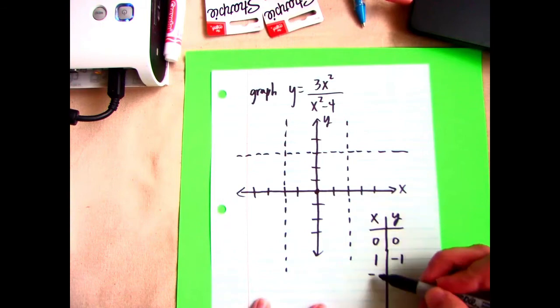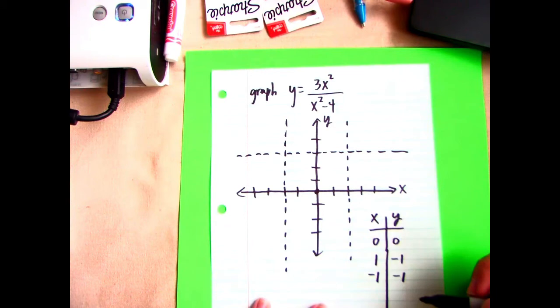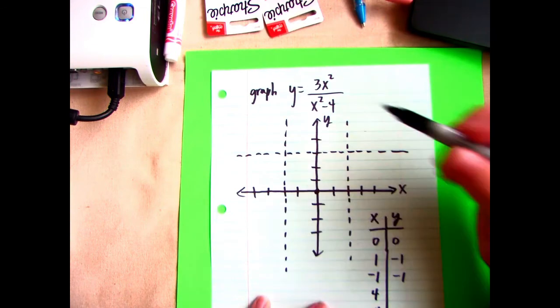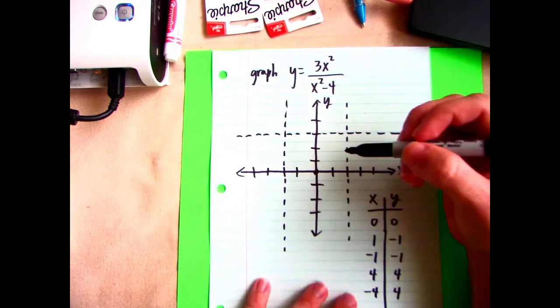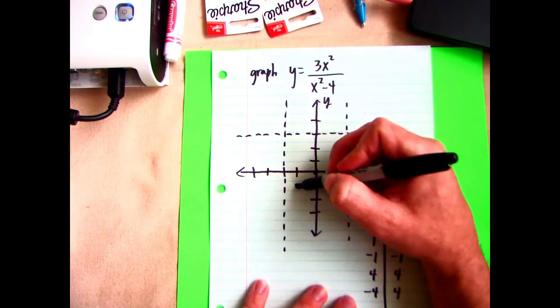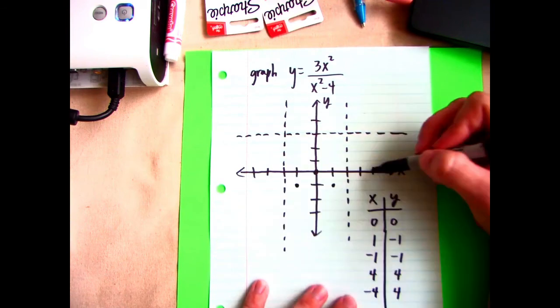So when you input these inputs and outputs, you get some points to plot. So the graph is going to look something like an upside down parabola in the center here, and then off in the upper left and upper right portions there's going to be these curves as well.